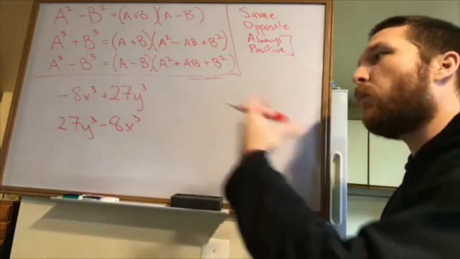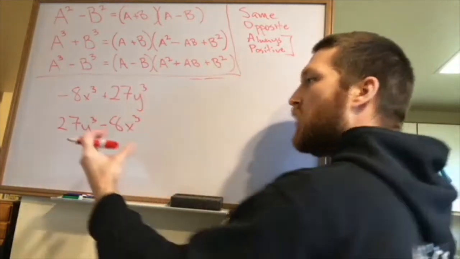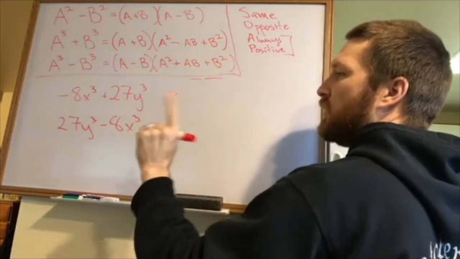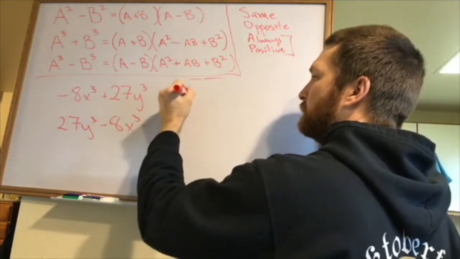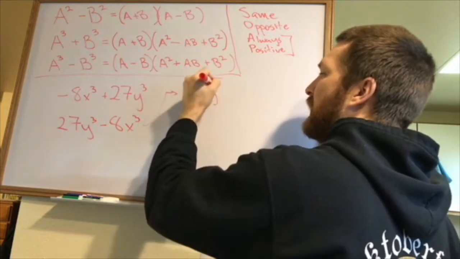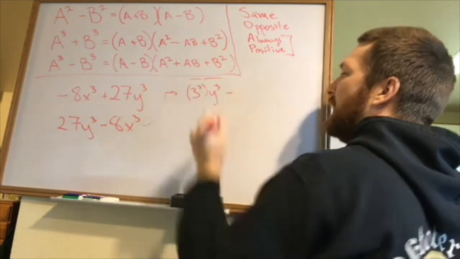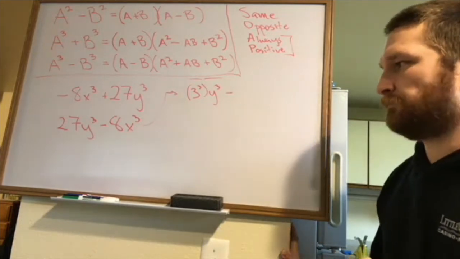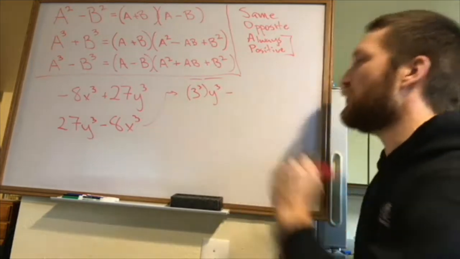So we could rewrite this as 3 cubed times y cubed minus, and what is 8? 2 cubed, right?